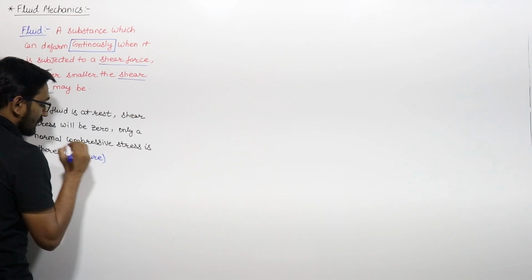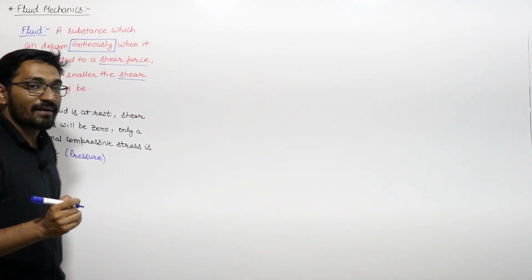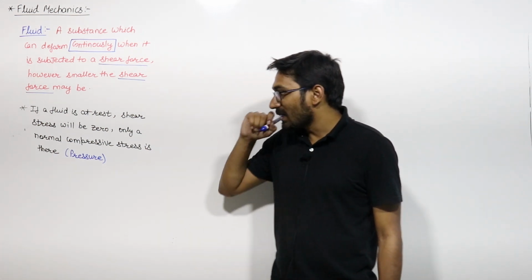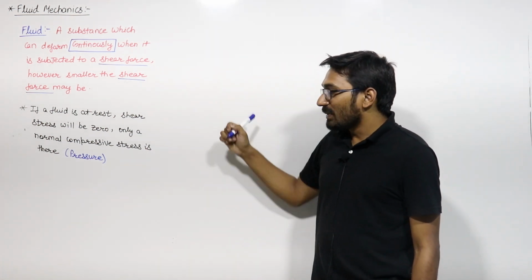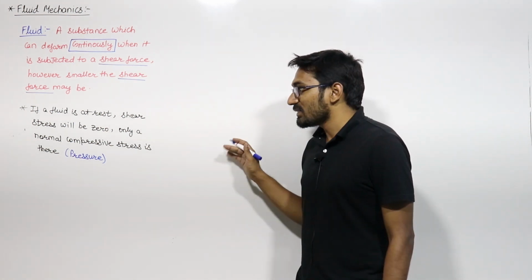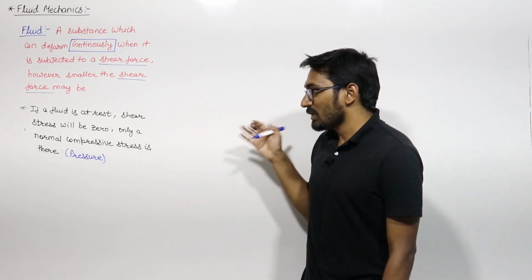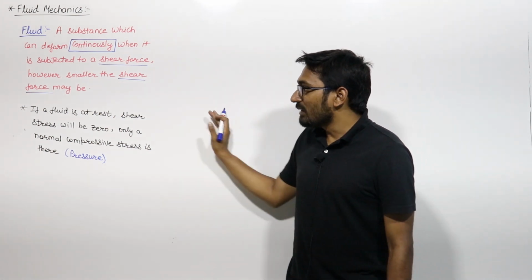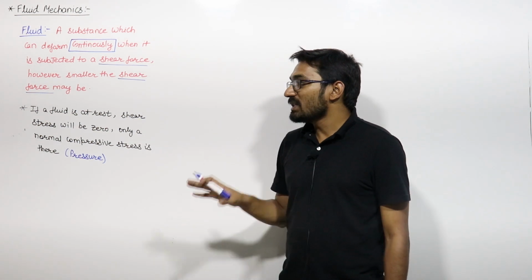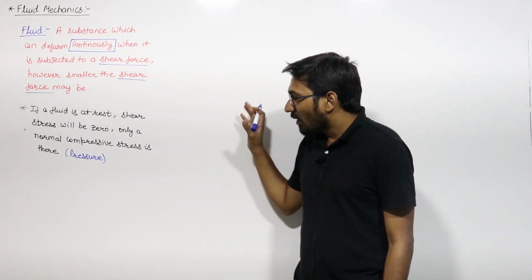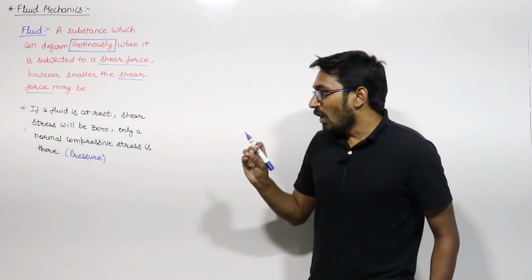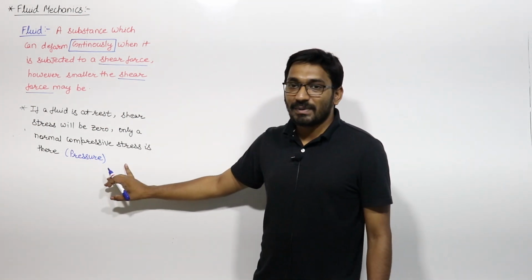As we discussed in the strength of materials basics, there are 2 types of stress: one is the shear stress and one is the normal stress. Normal stress is perpendicular to the cross section or the plane, and the shear stress is parallel to the plane or the cross-sectional plane. So if the fluid is at rest, at that time your shear stress is 0 and only a normal compressive stress is present, and that normal compressive stress is known as pressure.